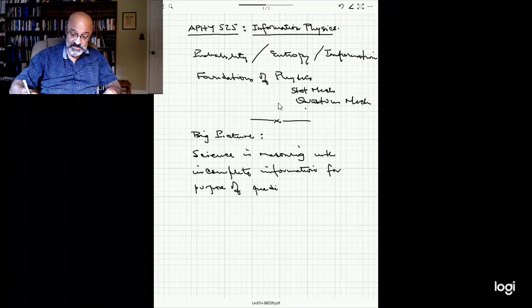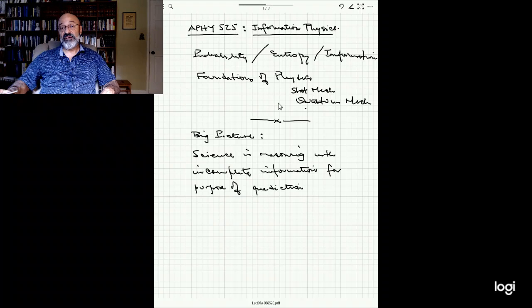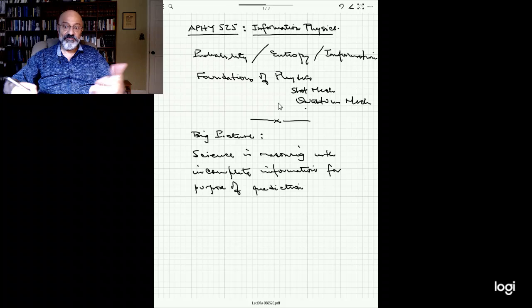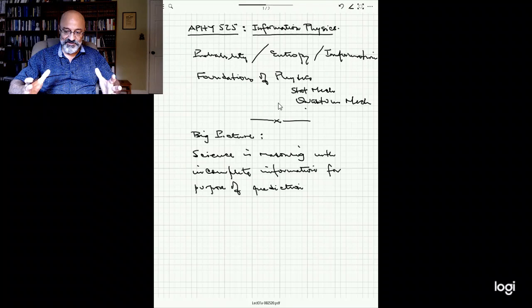You want to predict how things are going to happen, whether the planets are going to move in one way or another, or how atoms are going to react, or various things. You want to be able to predict the future. Once you can predict, if you manage to control initial conditions in an experiment or in a process, and you can predict what's going to happen, this allows you to have control over the world.